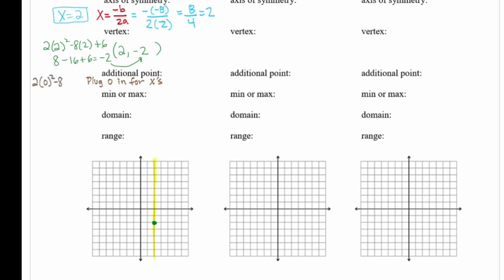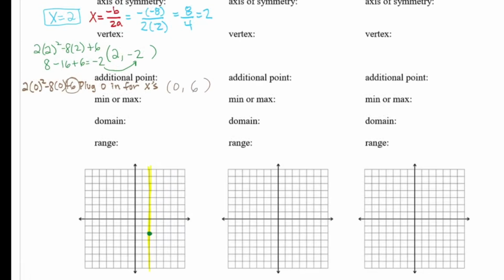So 2 times 0 gives us 0, 8 times 0 gives us 0, and then we just have that 6 all on its own. So that point is (0, 6). We go over 0, up 6, and that will be one point. We can reflect that across the axis of symmetry and connect them with a smooth curve. And this would be the graph of our equation.